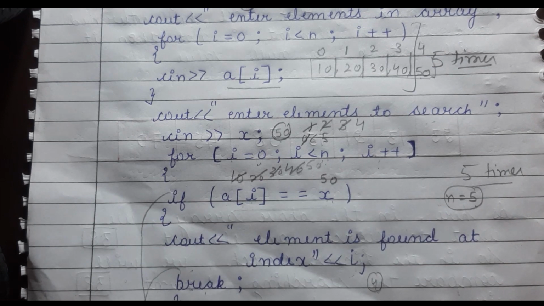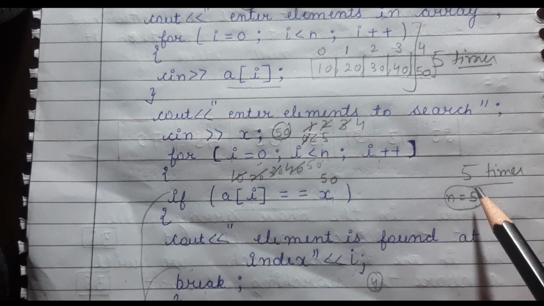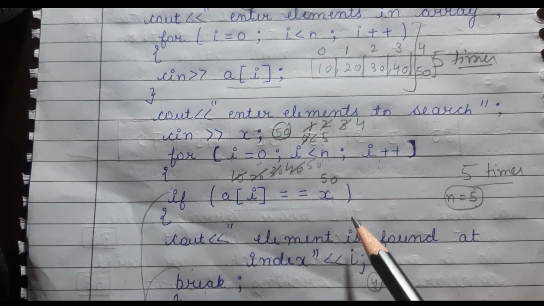The time complexity of any program or any algorithm purely depends upon the number of comparisons that you performed in that problem. Here n has a value 5, that's why 5 comparisons have been performed.